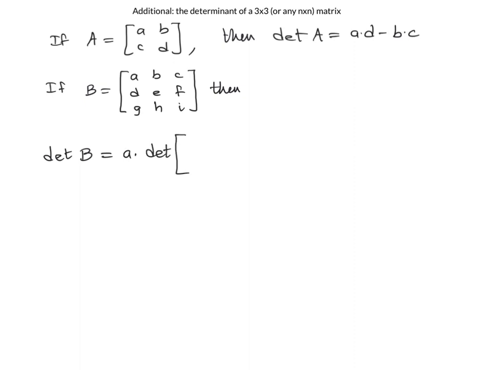But to figure out what matrix goes in that determinant, we picked A. We throw out the D, G and the B, C because those were in the same row and column as the A that we started with. So throw out the same row and column, and that leaves you with E, F, H, I. And that's the smaller matrix whose determinant we're going to use.